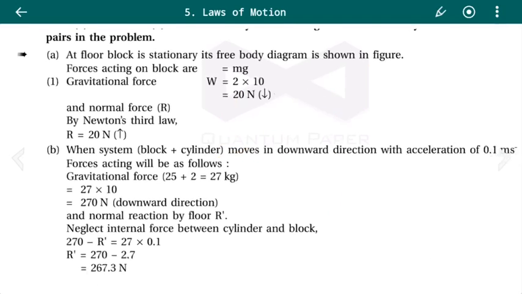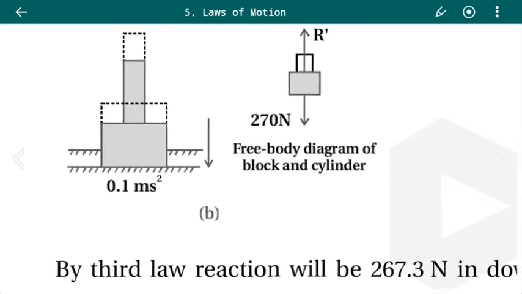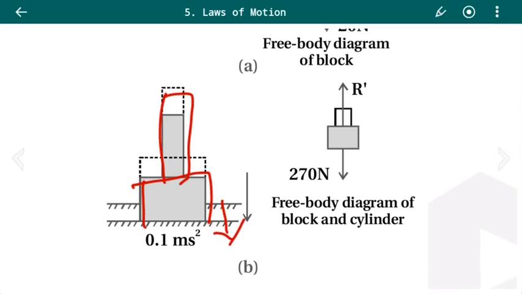Now the system, that is the block plus cylinder, moves in the downward direction with an acceleration of 0.1 meter per second square. As you can see, on top of the block there is a cylinder placed on it. So this whole system moves downward with the acceleration 0.1 meter per second square. The force acting is the weight in the downward direction.